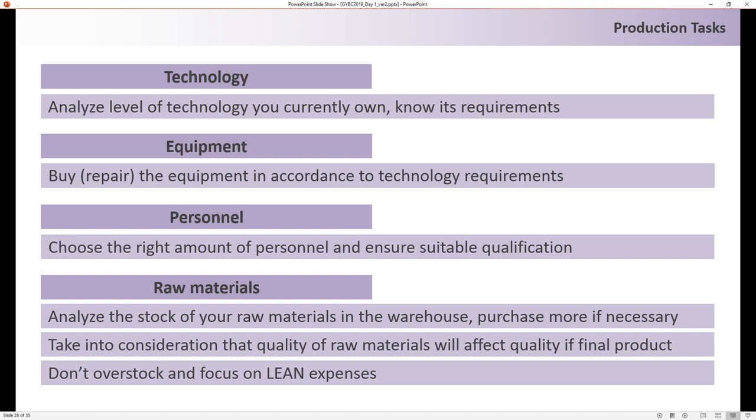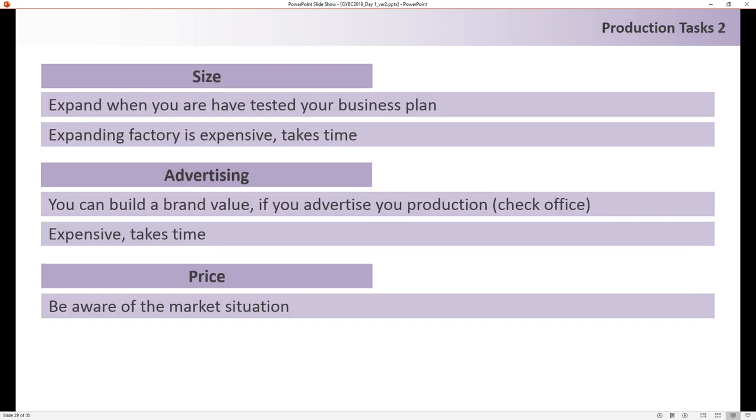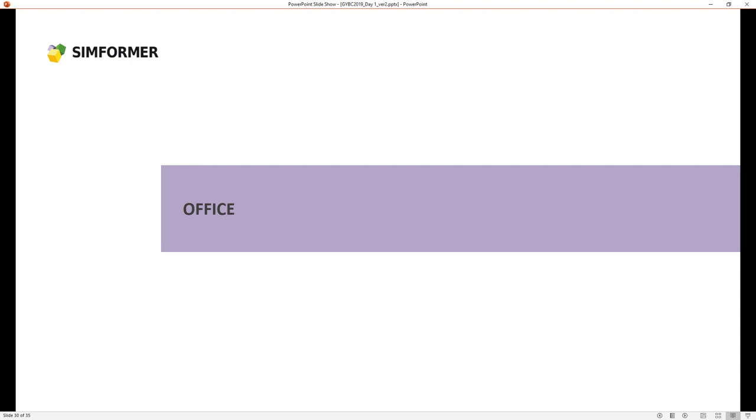Then the previously stocked goods, raw materials, their quality might become an issue. Once again, size is good, but take into consideration your plans. Will you be willing to increase or not? Will that give you enough time? And then advertising, once again, it's possible, but it's expensive, it takes time. And also be competitive with your pricing.